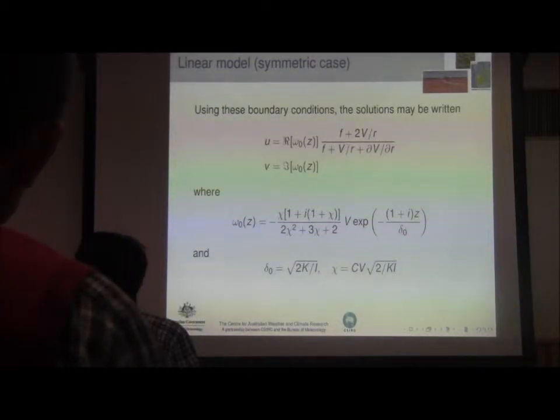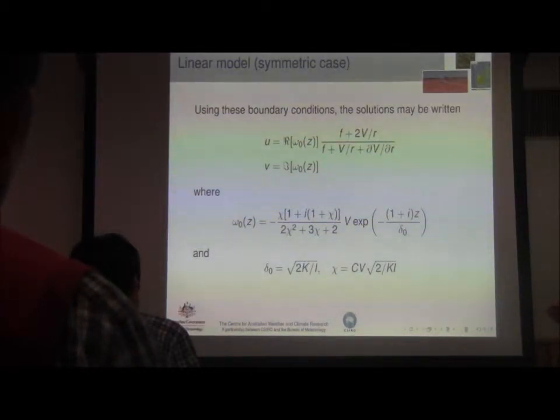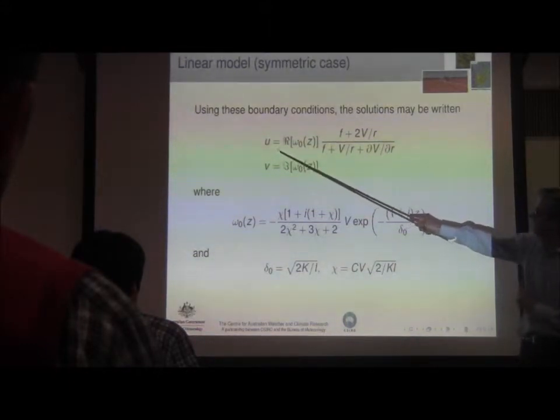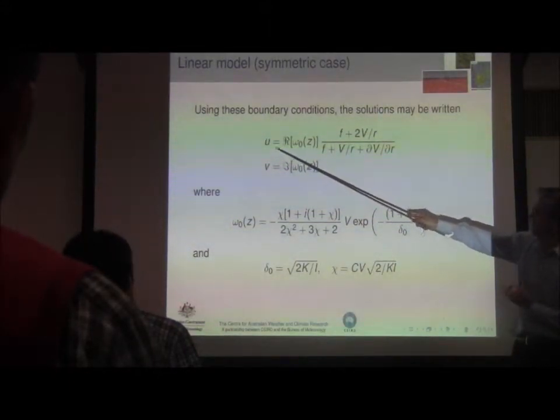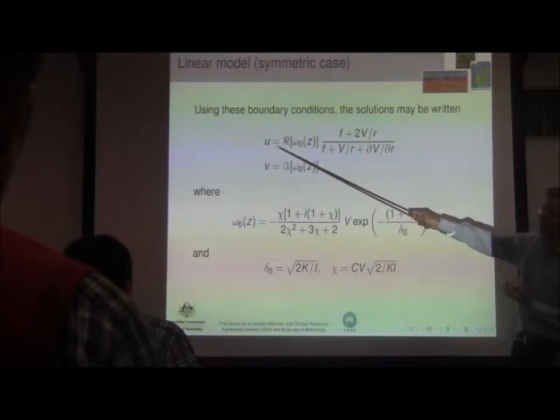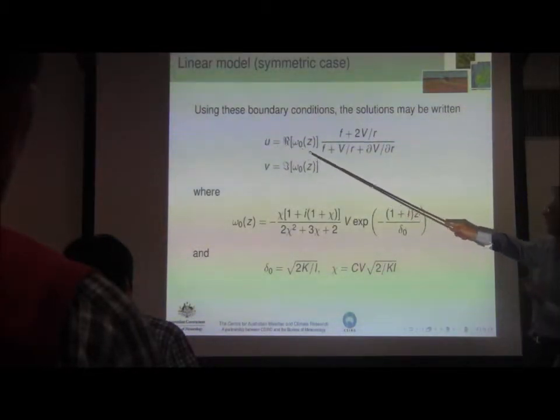Still, I'm wondering about the relationship between this depth, scaled by the Ekman depth, and also the inflow layer. Okay. You can actually take this formula, solve for U equals 0, and work out the depth of the inflow layer.